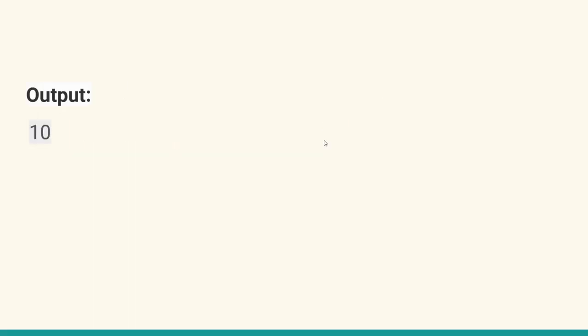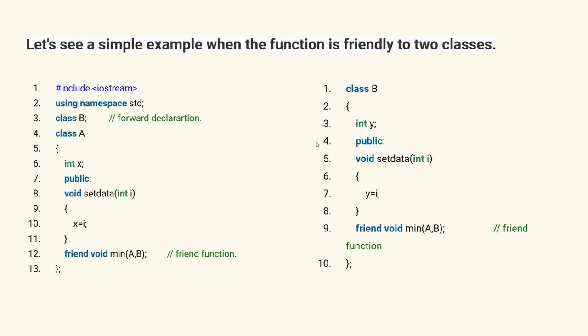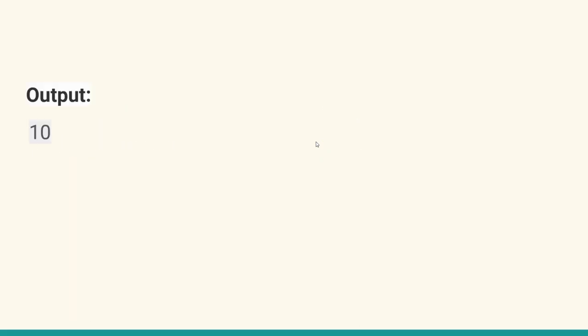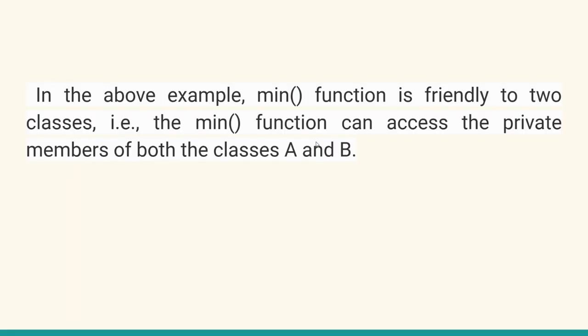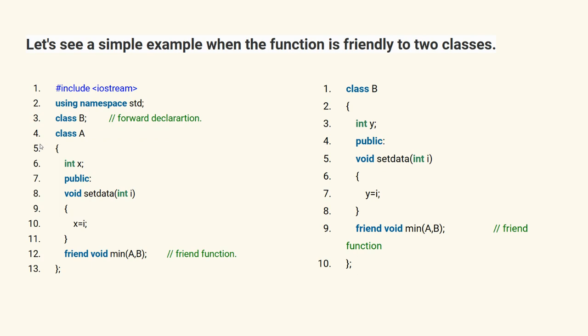Then we'll see the output: we'll get the output as 10, because 10 is less than 20, so we are printing a.x. In the above example, the min function is a friend to two classes, that is, the min function can access the private members of both classes A and B. Here int x in class A is private, and in class B int y is private.